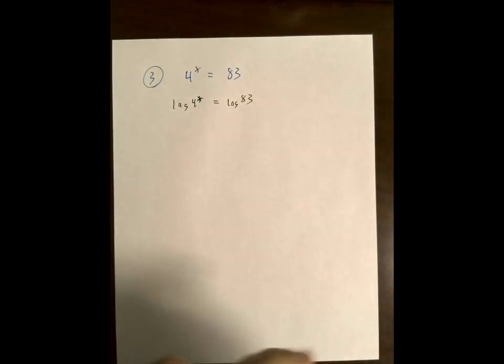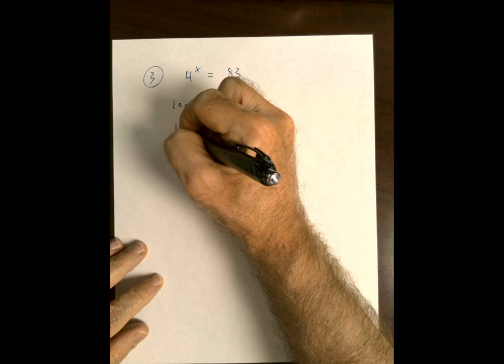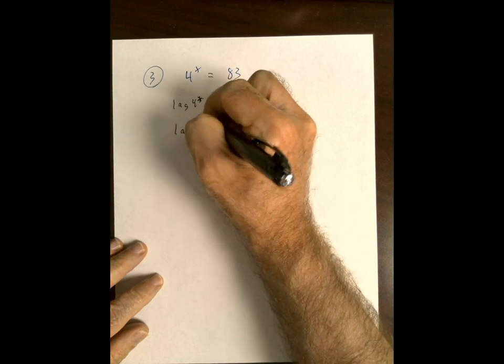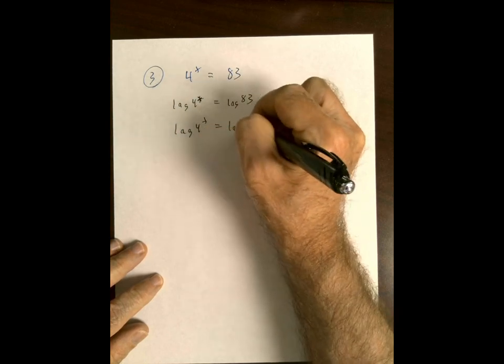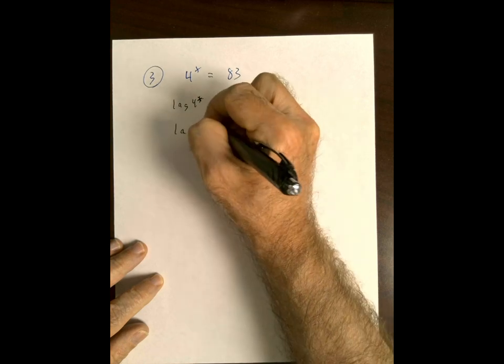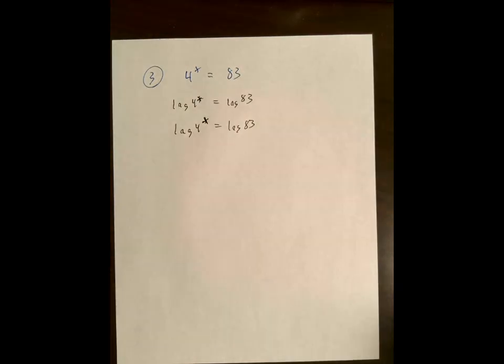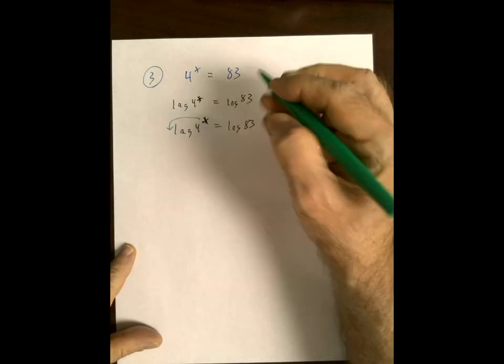So now I'll write it out again so we show every step clearly. We're just going to swing that x out to the front.